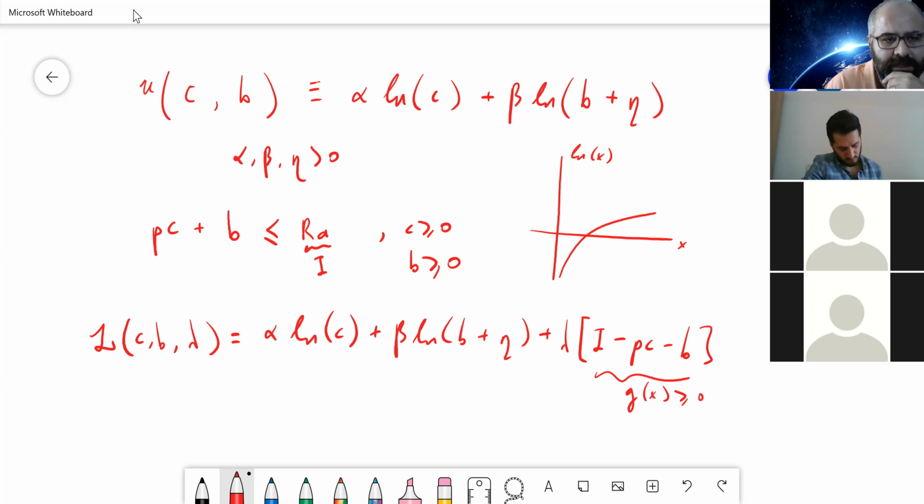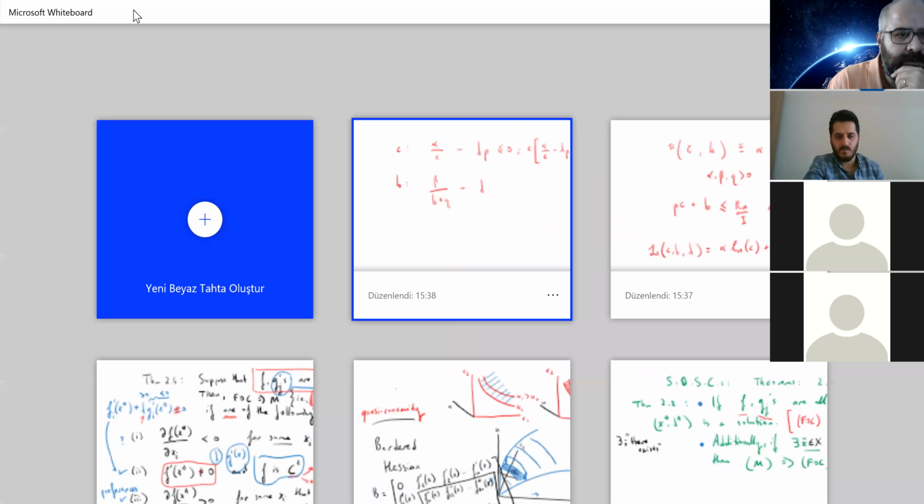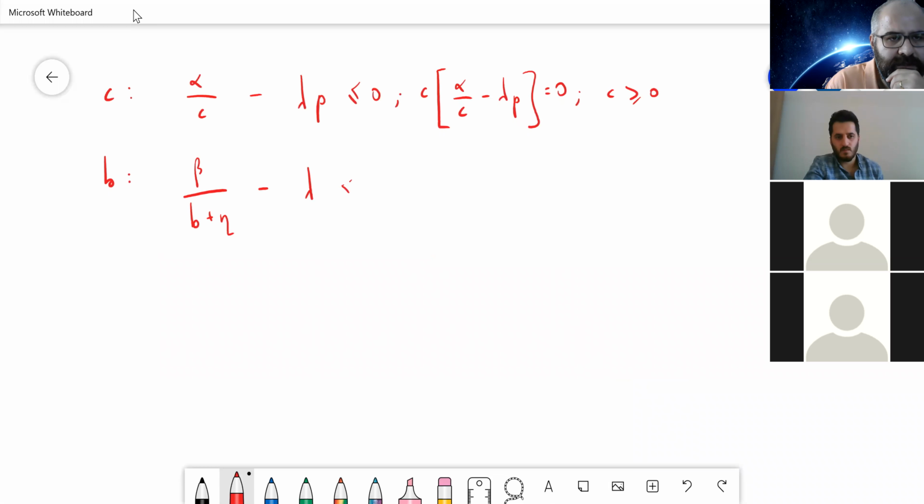With respect to b, I have beta divided by b plus eta minus lambda, right? The derivative. Okay, so this must be, again, less than or equal to 0. Then b times this derivative must be equal to 0, and b must be greater than or equal to 0.